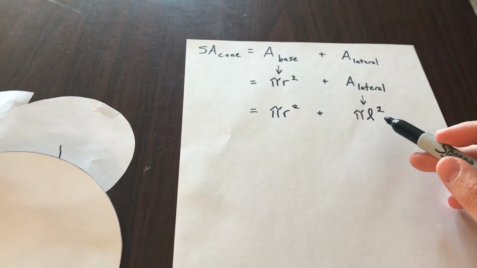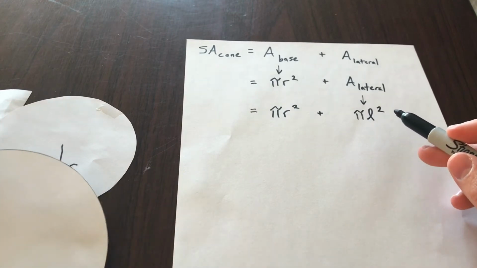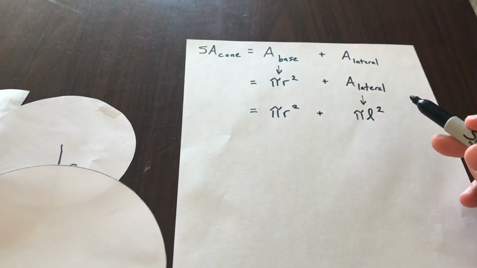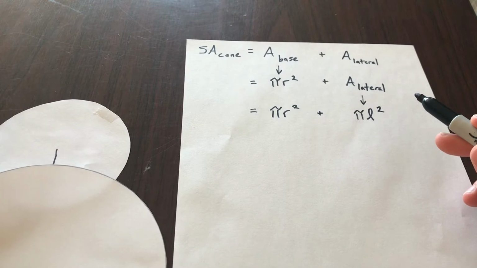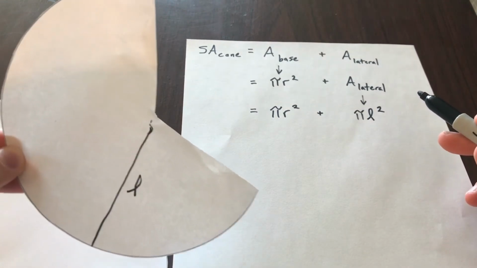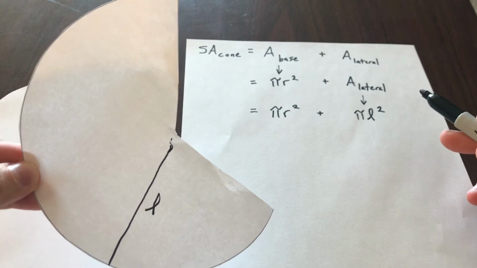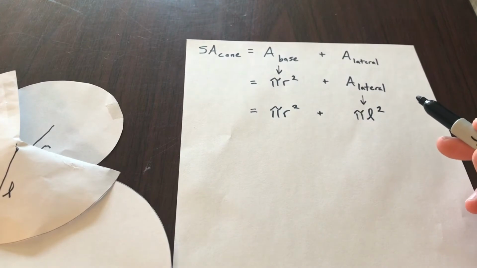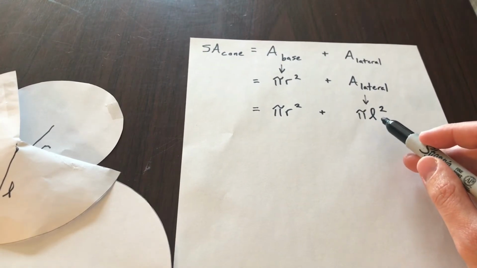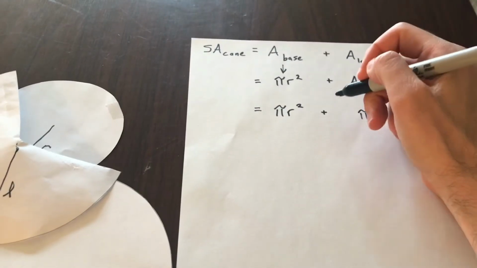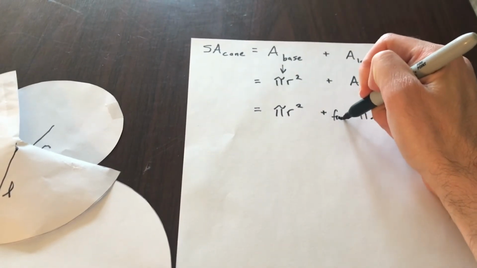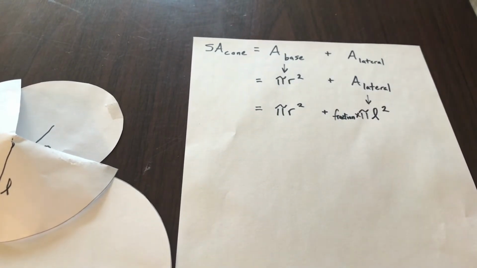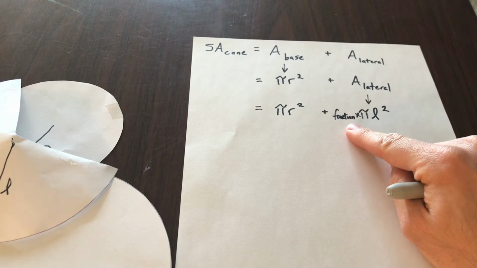Pi L squared is the area of a complete circle of radius L. Remember, when we unraveled the lateral surface of the cone, we did not get a complete circle, only a fraction of a circle, which means that we need to multiply this term in our equation by some fraction. What should this fraction be?